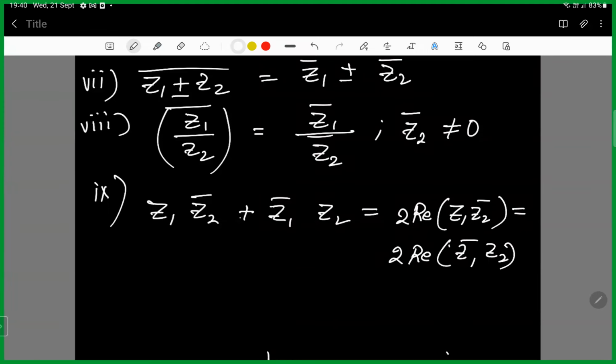Just write it down. And let's write one more property. What else? If Z to the power of n, if you take the conjugate of this, what will you get? Any guesses? Got it? Yes or no?